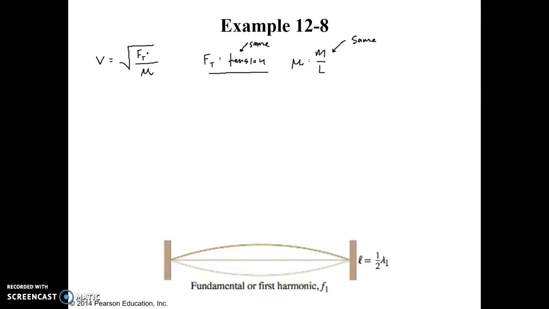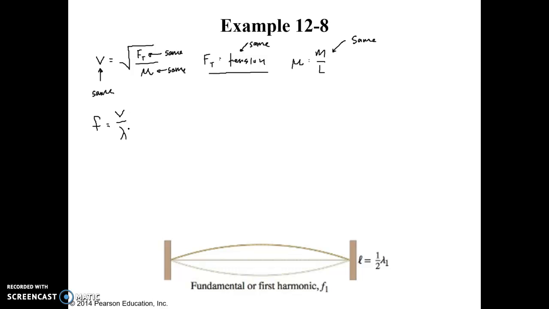So if the tension is the same for all the piano wires and the thickness of the piano wires are all the same, then that means they all have the same velocity. So we can then go back to our chapter 11 formulas for waves and look at frequency equals velocity over wavelength.